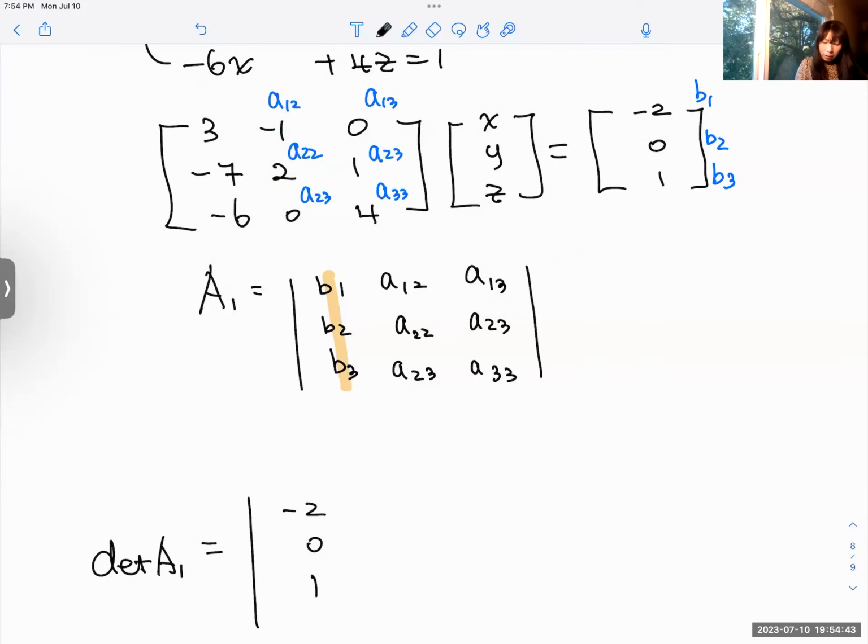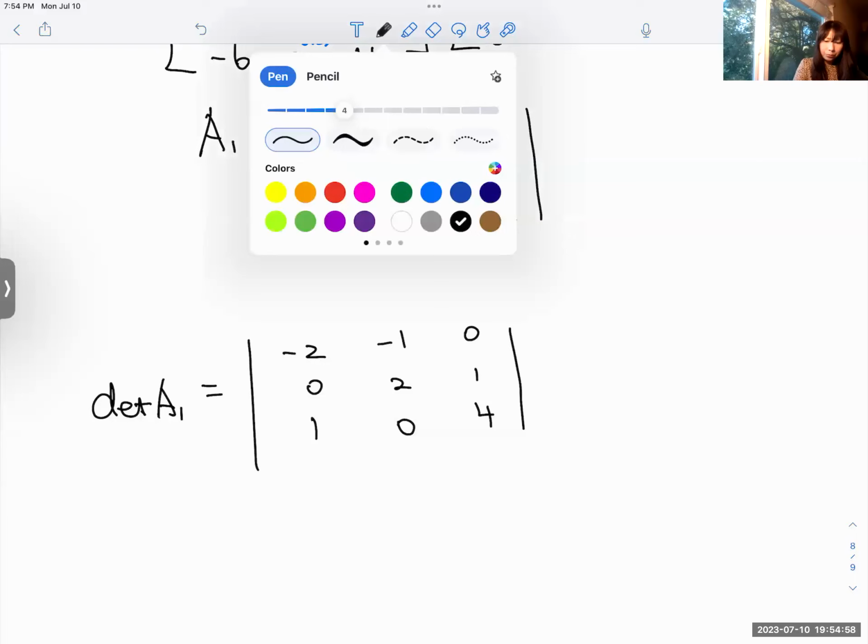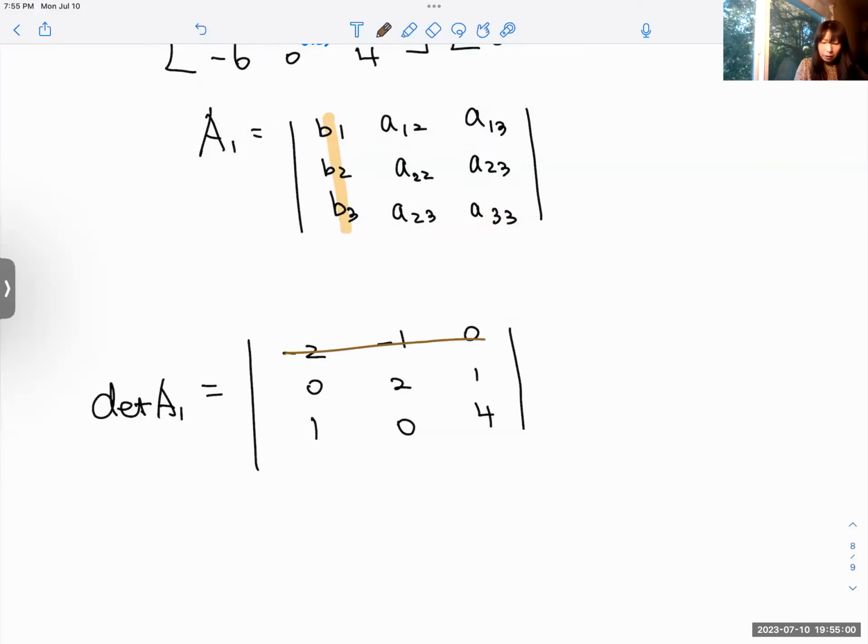So we are using negative 1, 2, 0, 0, 1, 4. Okay, this is a 3 by 3. So let us make a cross out, right? So we will cross out that.